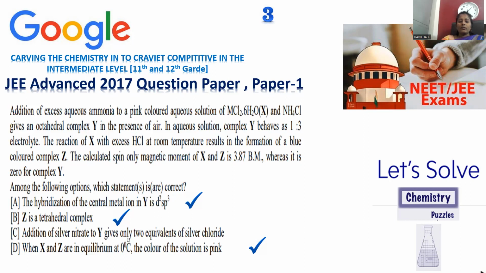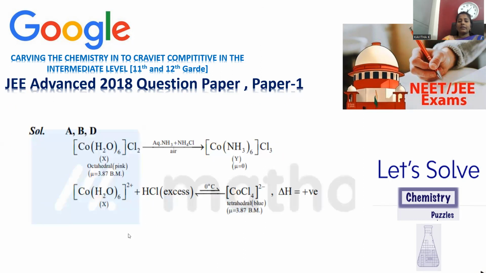Addition of silver nitrate to Y gives only 2 equivalents of silver chloride. This can be answered. The Y compound is Co(NH3)6 Cl3. These 3 chlorides are called the primary valency. Primary valency gives rise to the oxidation number, and secondary valency gives rise to the coordination number.